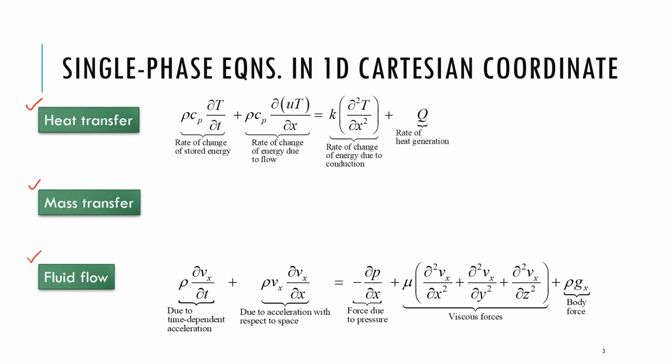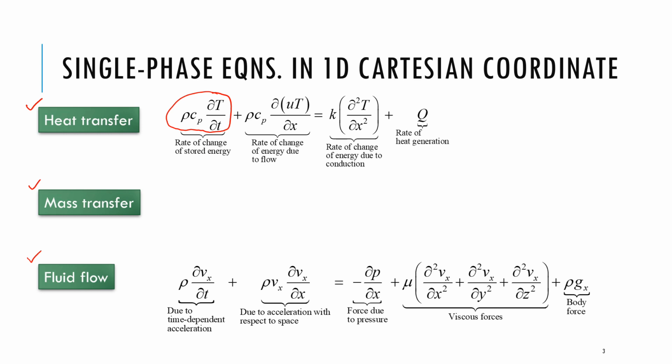So for example, the first term in the heat equation has to do with energy storage. If temperature changes with time, that means if it increases with time, it stores more energy.